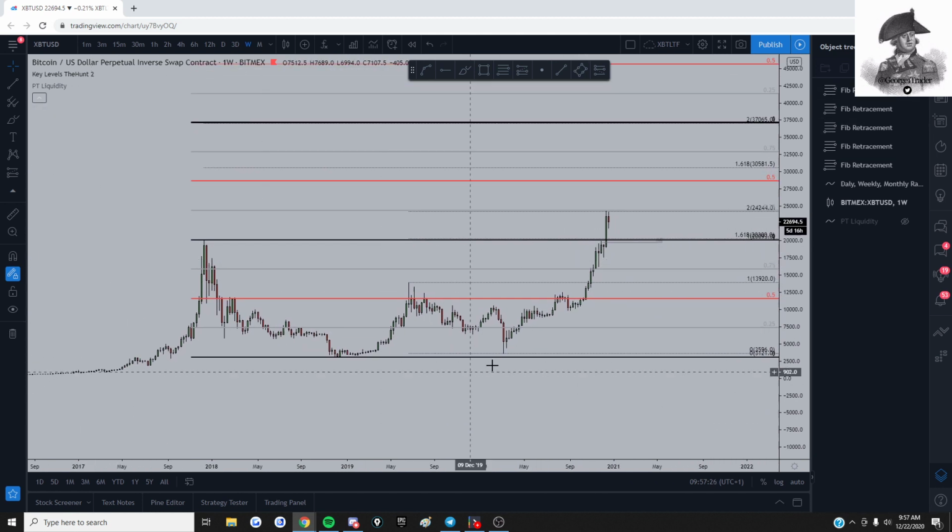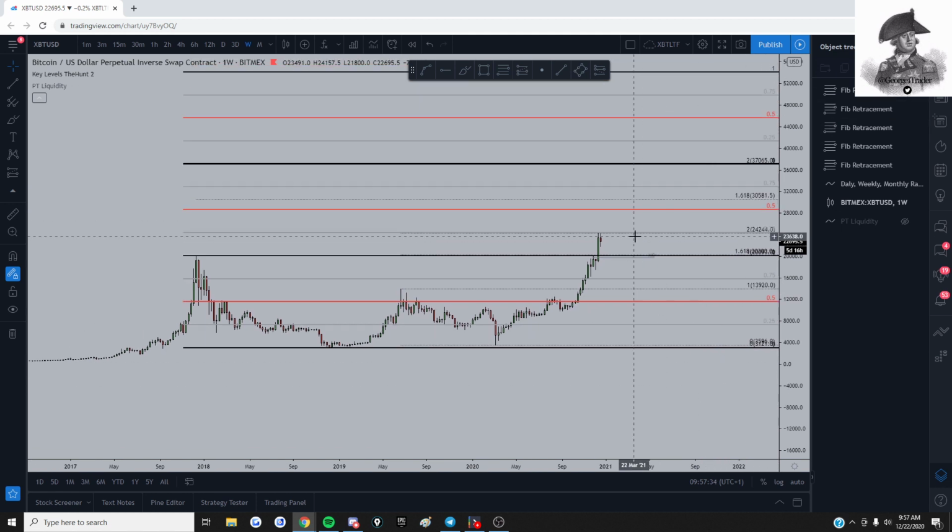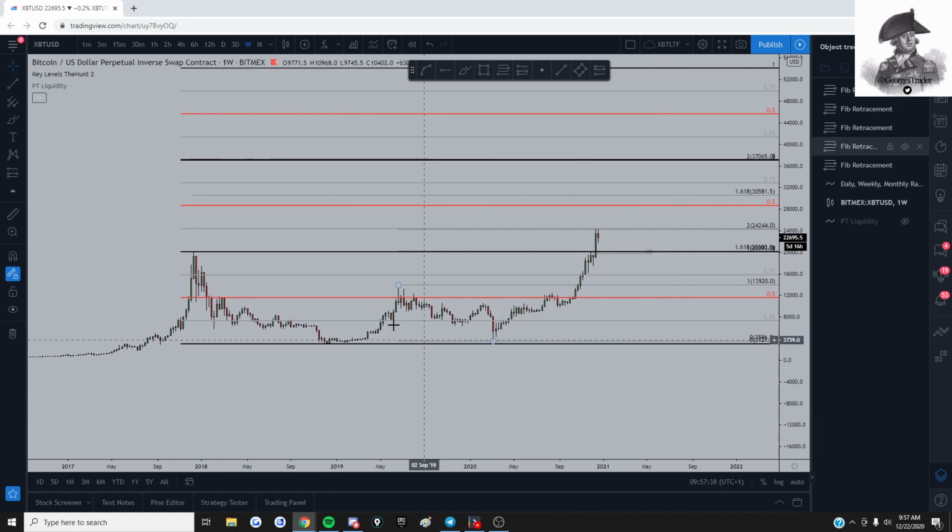Another way of doing it is by using the Fib extensions, the 1.618 and the 2 Fib extensions, taking the last down leg, which in this case is from this high to this low, and then measuring the move to the upside.